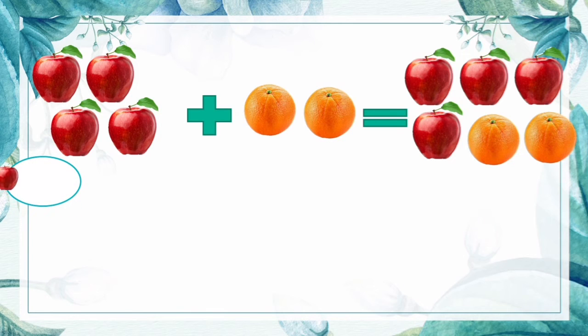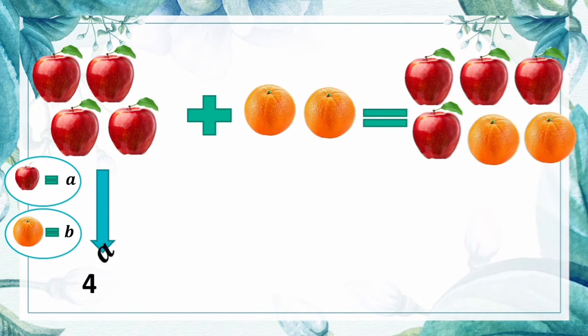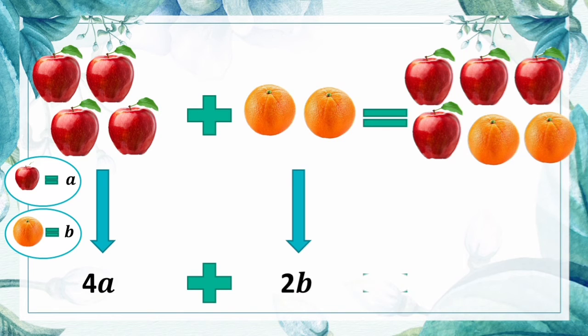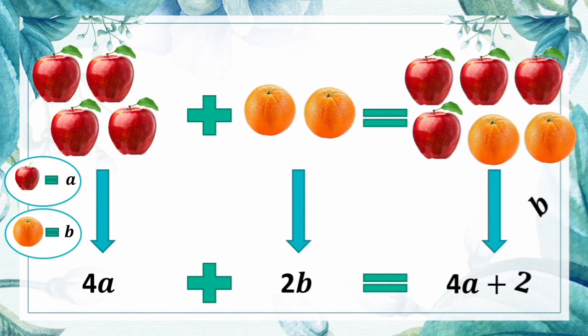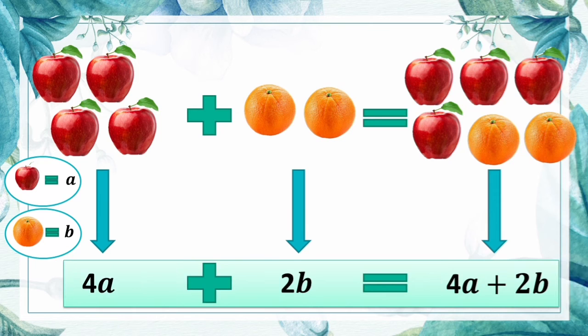Suppose that apple is A and orange is B. Now I can write 4 apples as 4A plus 2 oranges as 2B. So 4 apples and 2 oranges is 4A plus 2B.